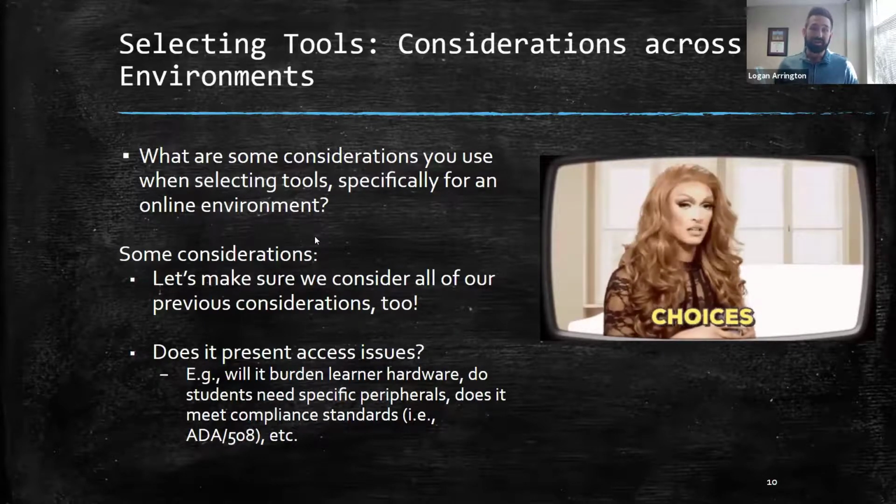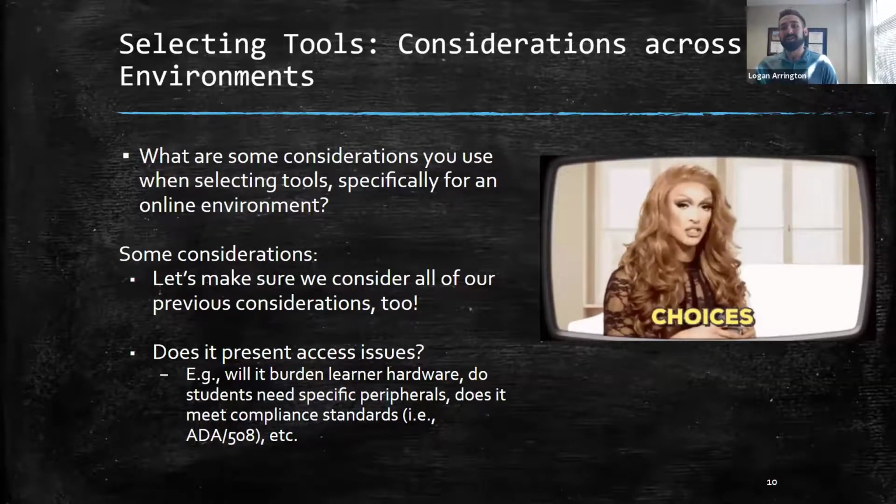Because if COVID's taught us anything, it's that internet access and reliable broadband is an issue we have to think about. Not saying that they always have to drive the decision, but make sure you're considering them as you're selecting.